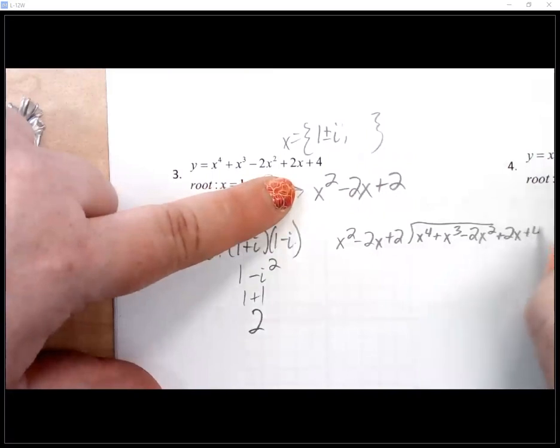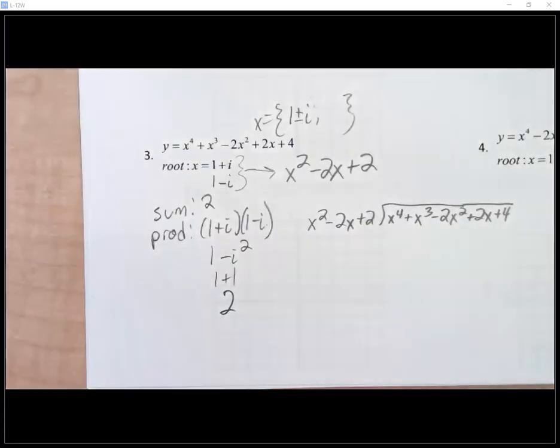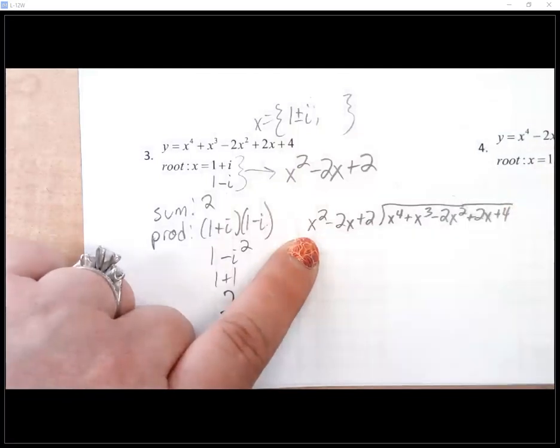All right, there we go. I make sure that I don't need any 0 placeholders. 4, 3, 2, 1, none. I don't. Okay, so now you just divide. So x squared up at the top. I'm going to try and do this kind of fast, so hopefully you know what you're doing with the long division.